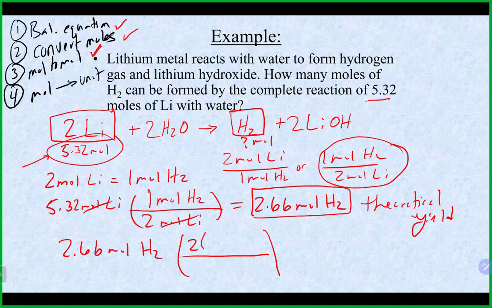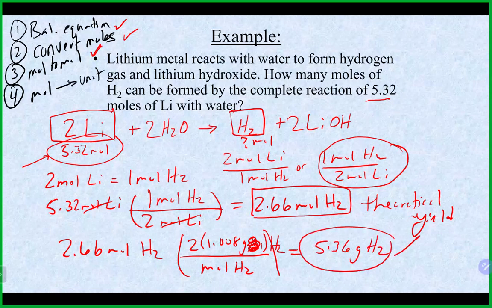I would have to do something like 2.016 grams per mole of H2. And that would get me, not that it asks for, about 5.36 grams of H2 as my theoretical yield in this case. Any question on any of those steps there?